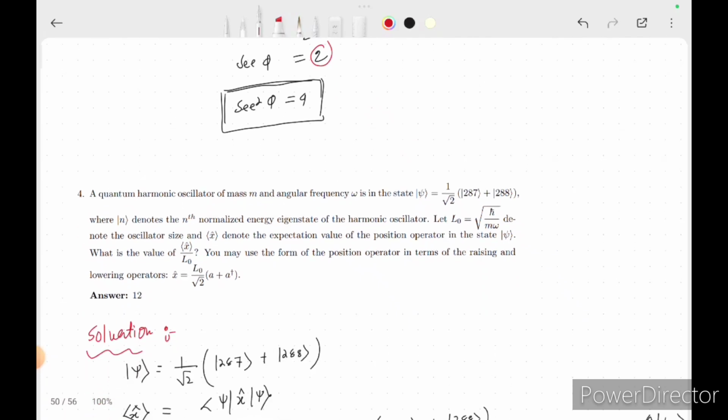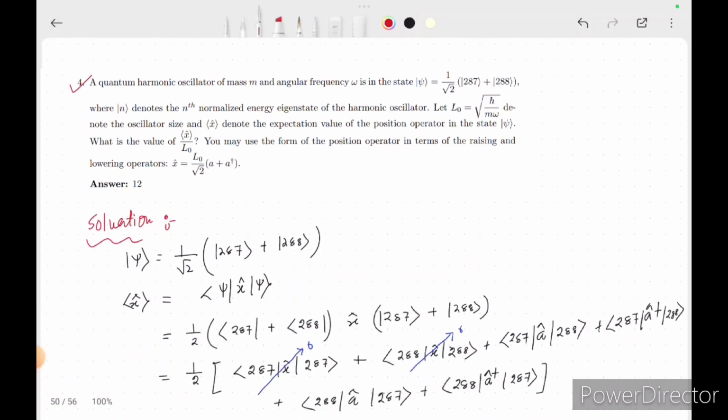Question number 4 is a very important, easy question, and it is asked from the harmonic oscillator. A quantum harmonic oscillator of mass m and angular frequency omega is in the state psi, and ket n denotes the nth normalized energy eigenstate of the harmonic oscillator, and let L0 equal root of h cut upon m omega denote the oscillator size.